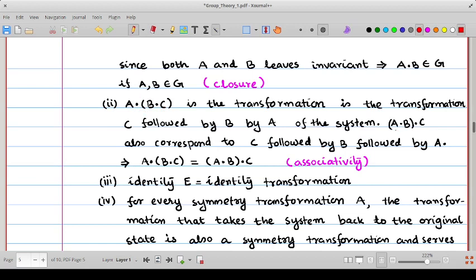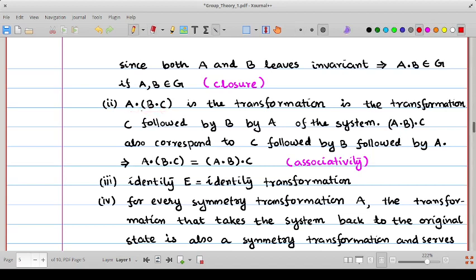Now we consider a second way of composing these three transformations, that is (A dot B) dot C, which is equivalent to C on the system followed by A dot B. But A dot B is B followed by A. So this composition can now be understood as C followed by B followed by A, which is the same as this composition.